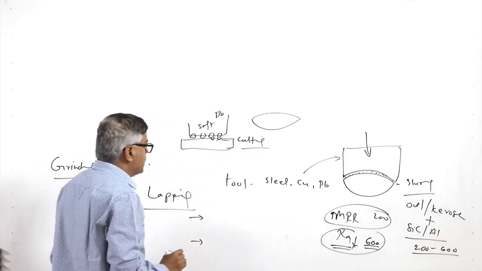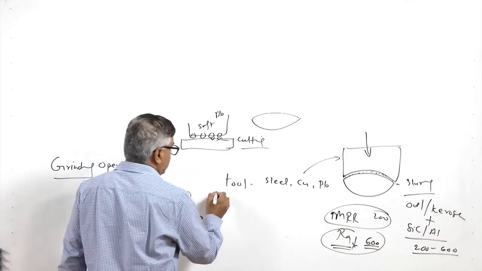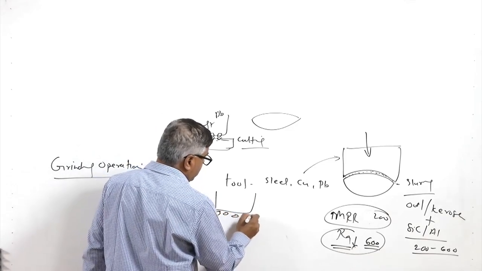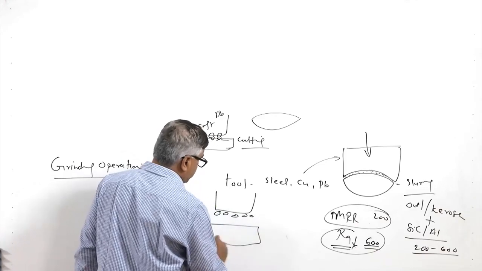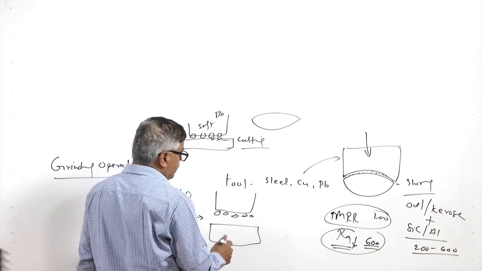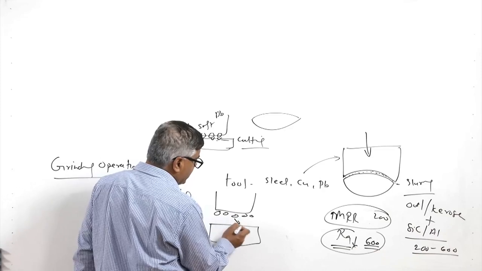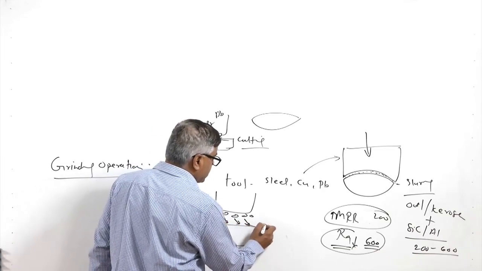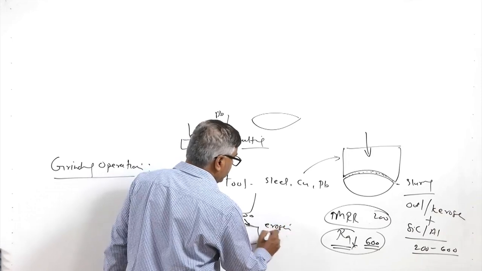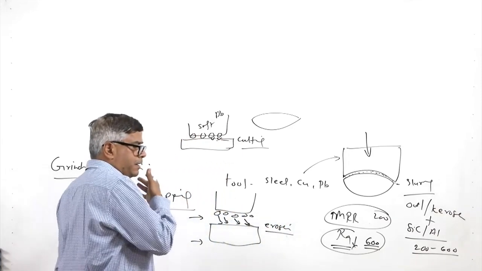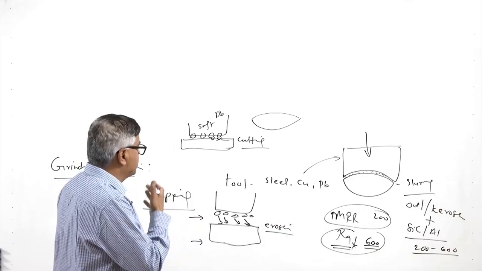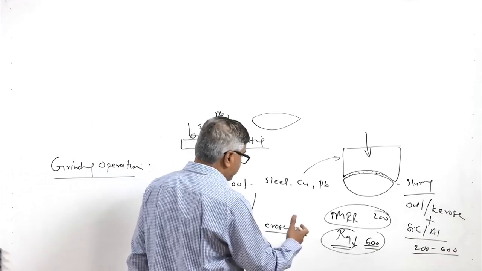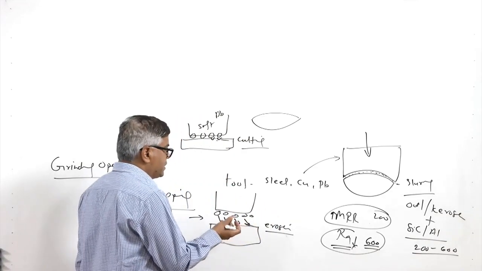So, this is one case. In another, this is the tool and the slurry is between the tool and the workpiece. Due to the movement of the tool, abrasives hit the surface of the workpiece and cause erosion. Due to the impact as well as the movement of the abrasives, when they hit the surface of the workpiece, a little amount of material is removed.